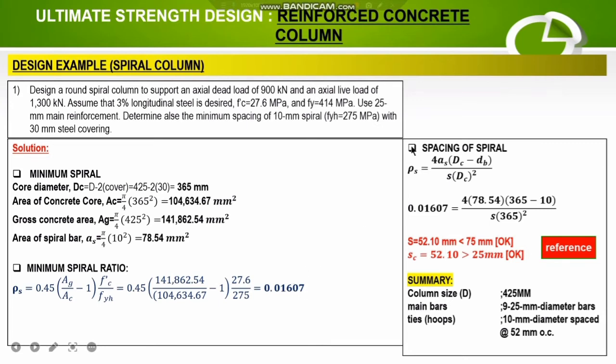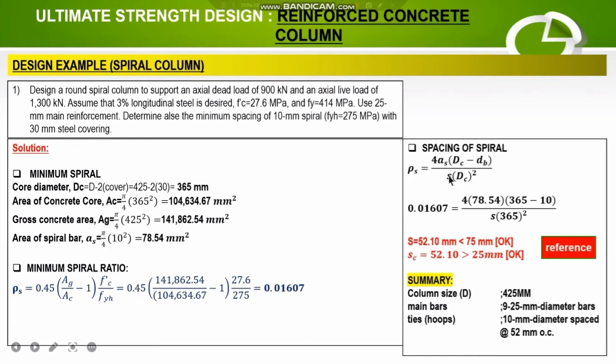0.01607. Then for our spacing of the spiral, rho sub S is equal to 4A sub S times the quantity of dc minus db over S times dc squared. So we had already solved for the rho sub S, A sub S, dc, and the db. So the remaining unknown here is the spacing.